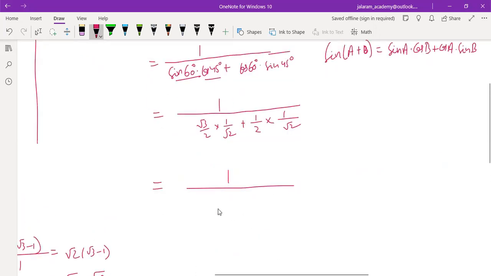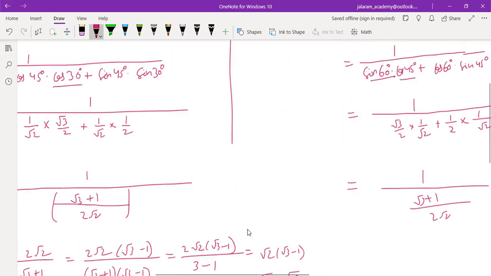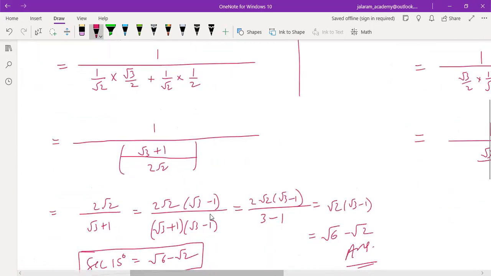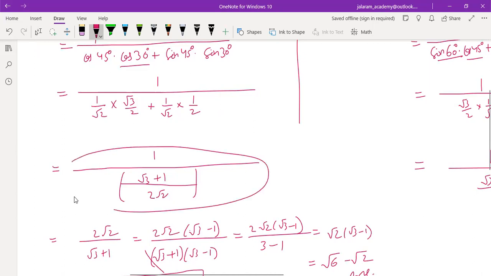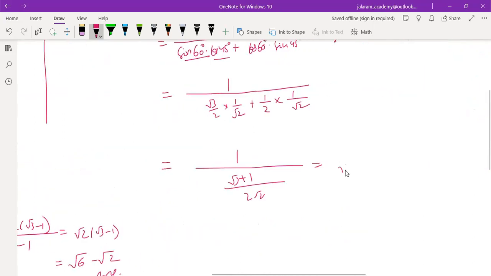So 1 upon, LCM is 2 root 2 again, root 3 plus 1, the answer is the same, giving the same result as sec 15 degree. So the value will be root 6 minus root 2.